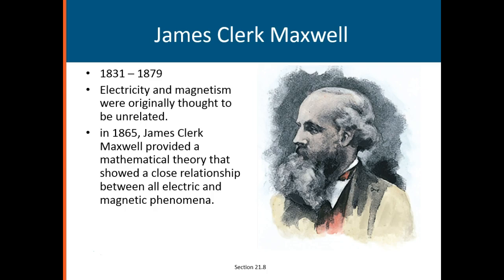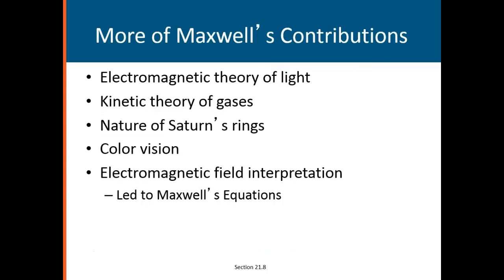Maxwell in 1865, that's over in Scotland, while we were just finishing up the war between the states, provided a mathematical theory that showed a very close relationship between electric and magnetic phenomena. And these are called Maxwell's equations. And that's what 21.8 is talking about.